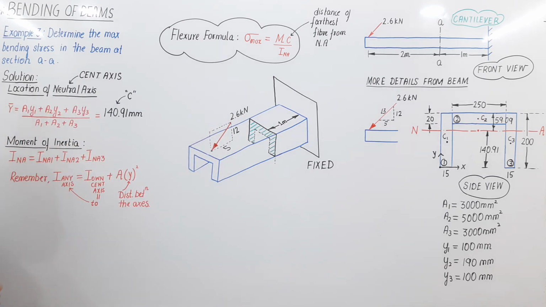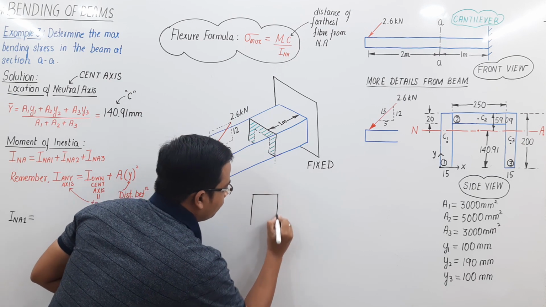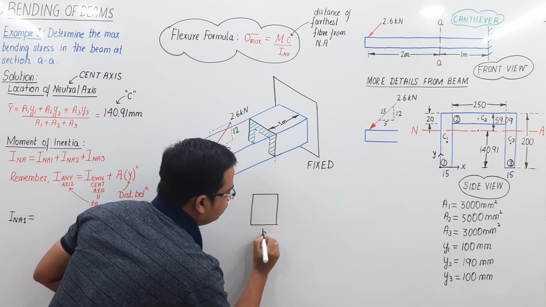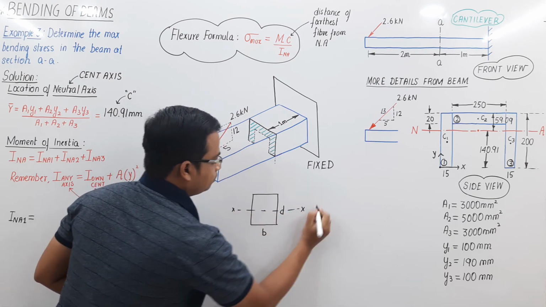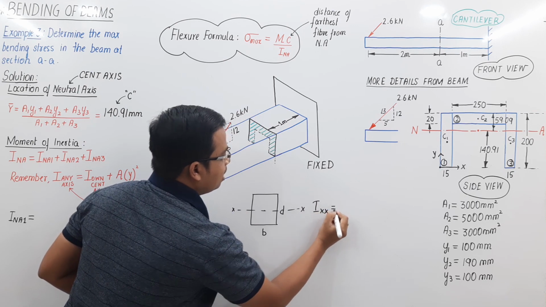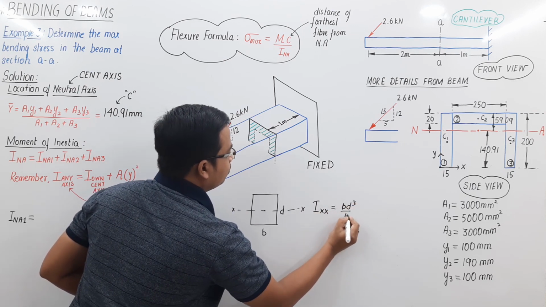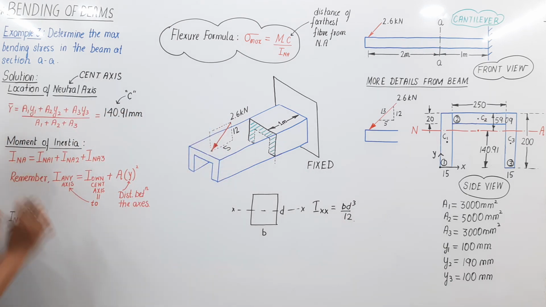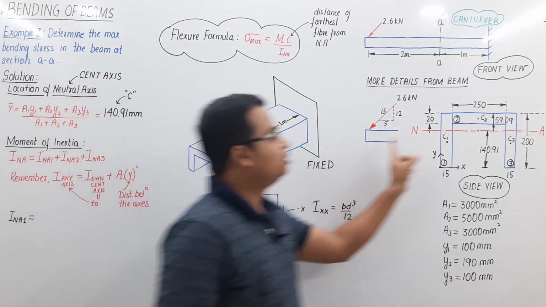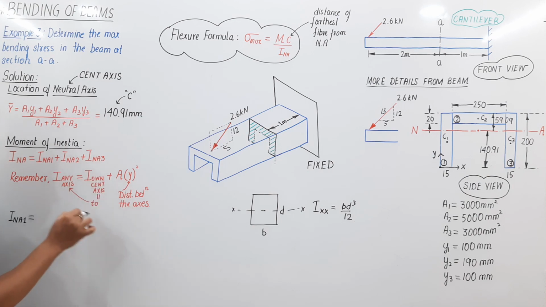Here is the formula. Let me frame INA1 for you. INA1 is equal to, remember, if it's a rectangle, that's B, that's D. I with respect to its own centroidal axis is equal to B D cube by 12. Remember this. I with respect to the neutral axis is equal to I with respect to its own centroidal axis.